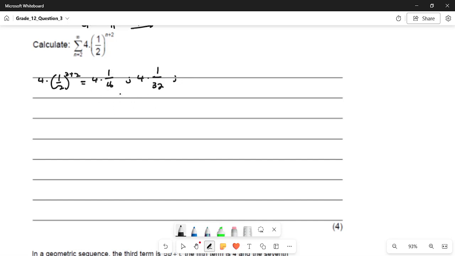I think this is enough, because we'll use only these two terms to find what our r is if need be. We can further simplify this. This will have 4 into 1 divided by 16, that is 1 divided by 4, and 4 into 1 divided by 32 is 1 divided by 8.